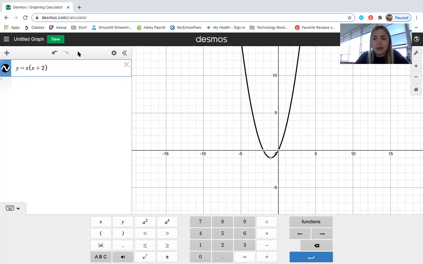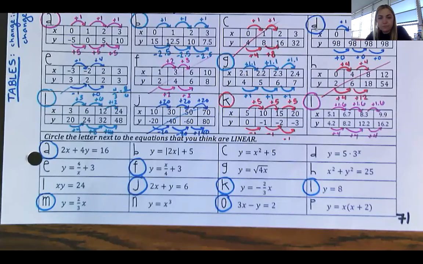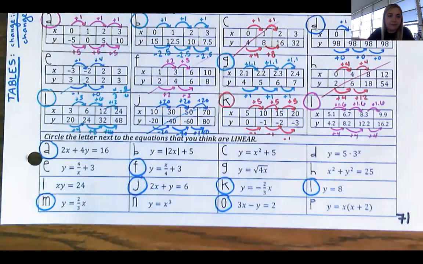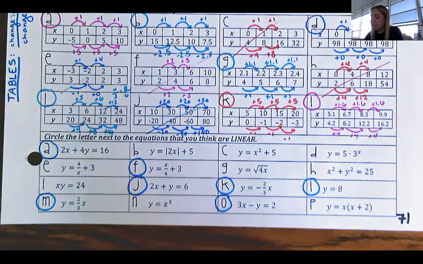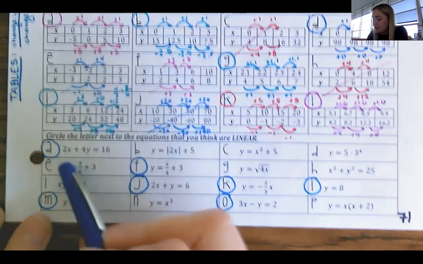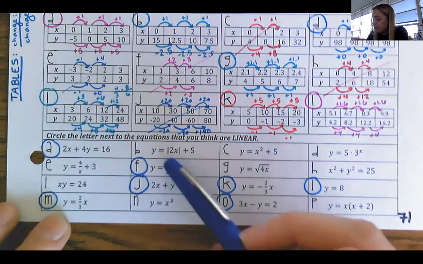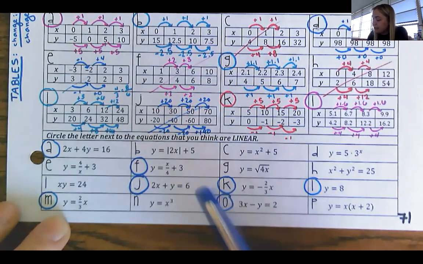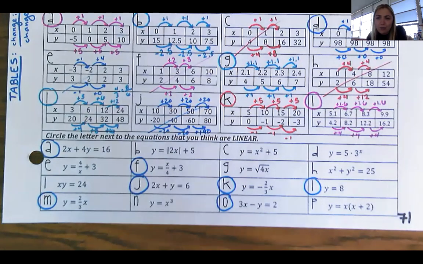I want to show you what all of our linear ones looked like on our paper and what all of our nonlinear ones looked like. So let me show you my paper again. On this bottom section, you'll notice that the ones we circled were kind of boring looking actually. 2x plus 4y equals 16, y equals x over 4 plus 3, 2x plus y equals 6, but they all had an x and a y that looked fairly normal, and they had fractions sometimes.